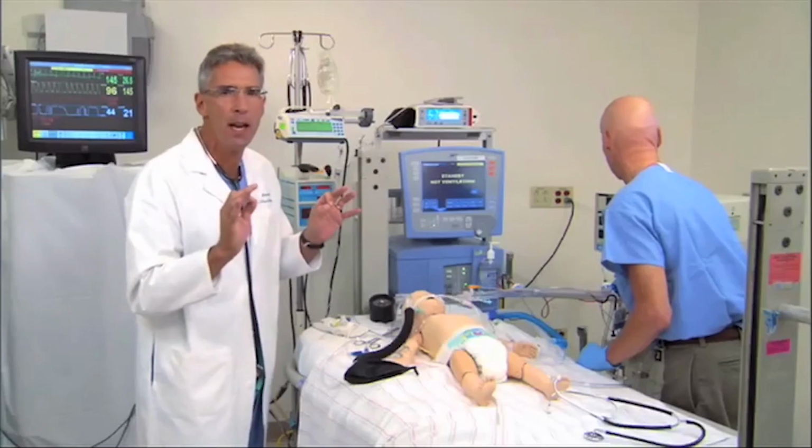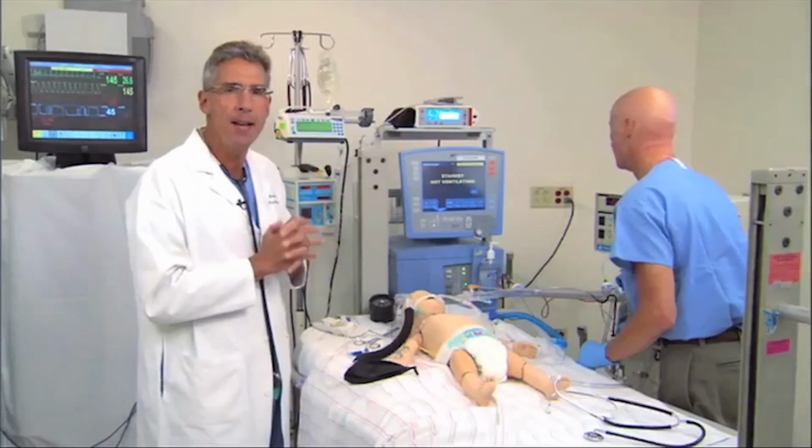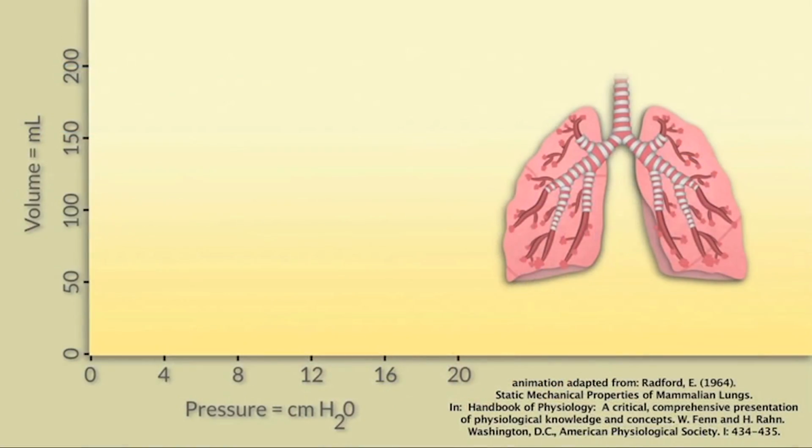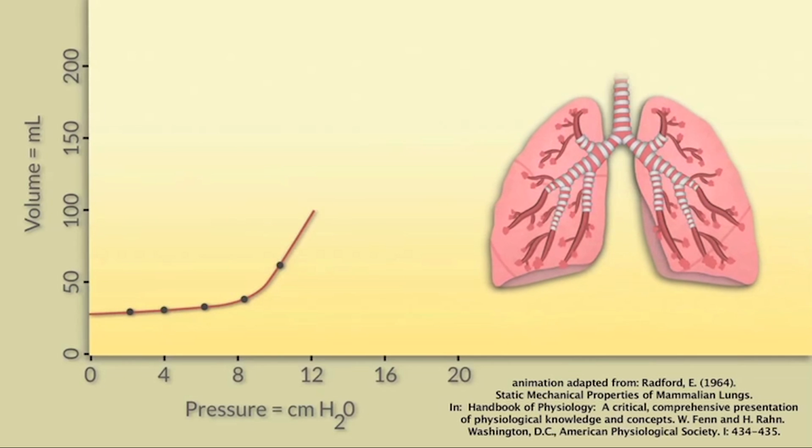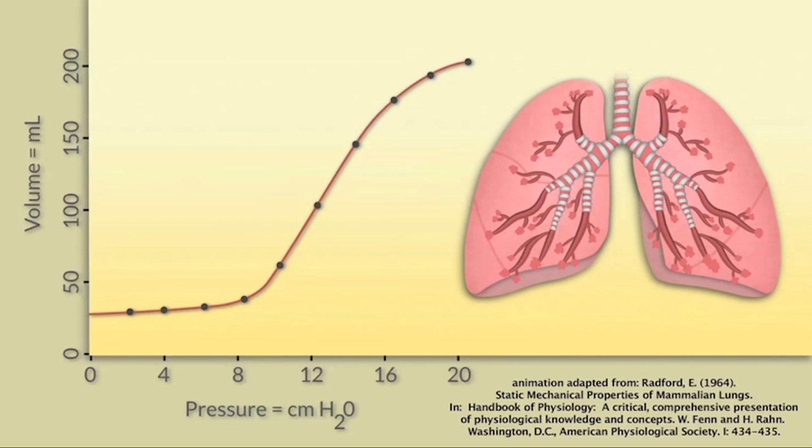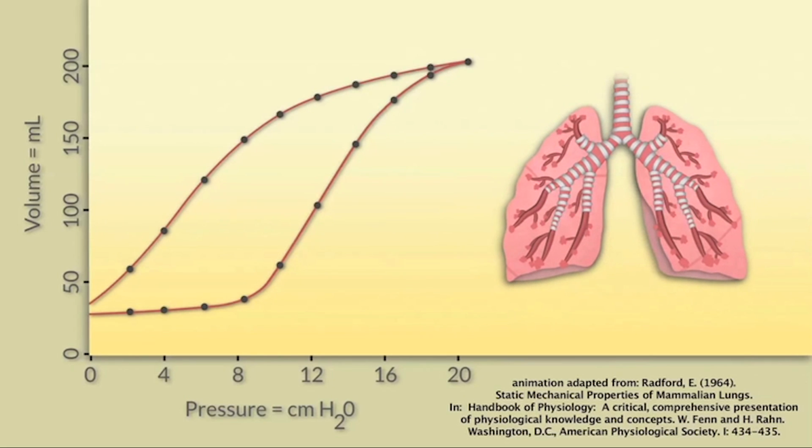Now I really think it helps to keep in mind this diagram, this picture actually, of an isolated lung preparation that we've discussed. As we open the lung up, it requires a fair bit of pressure to distend the lung. However, once fully recruited, the lung does not need as much of a continuous distending pressure to maintain full lung recruitment.